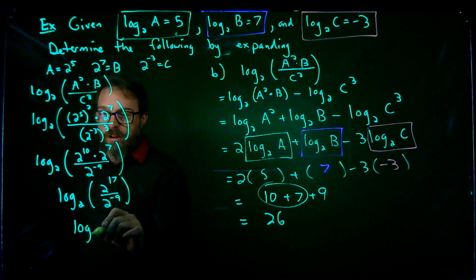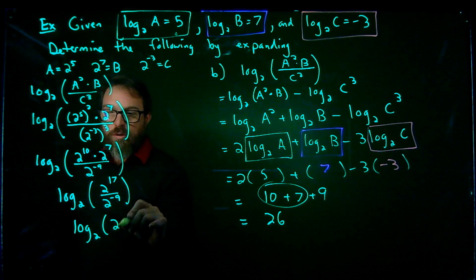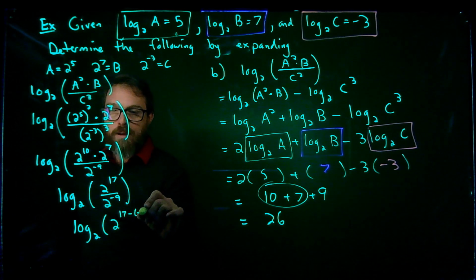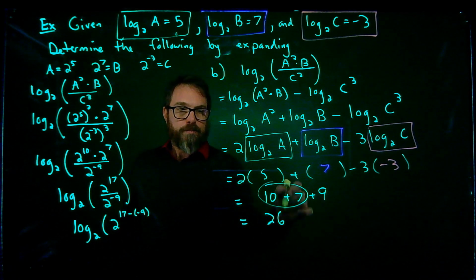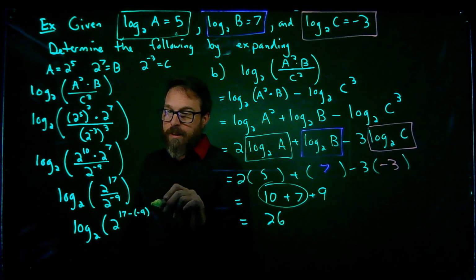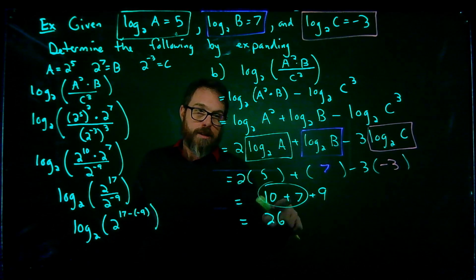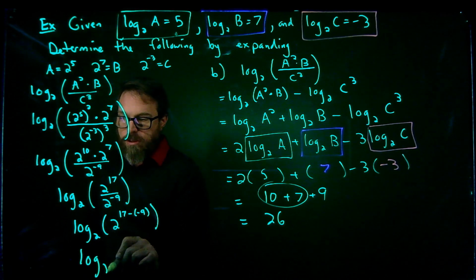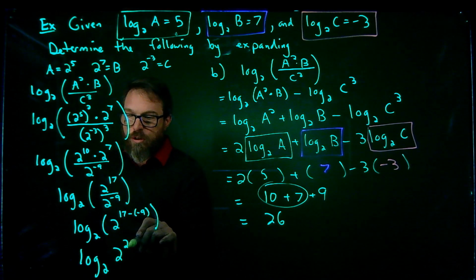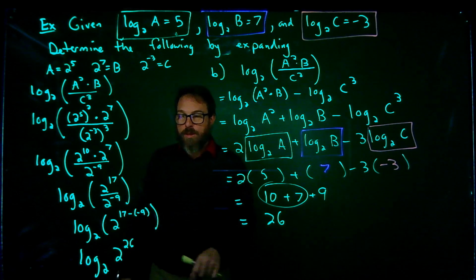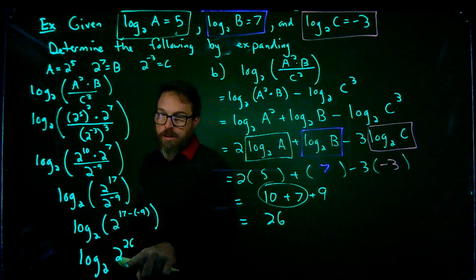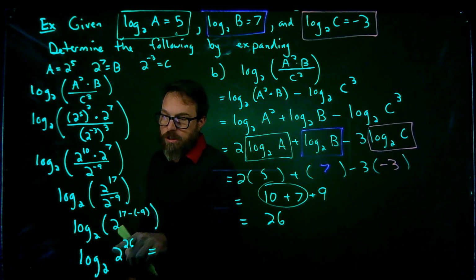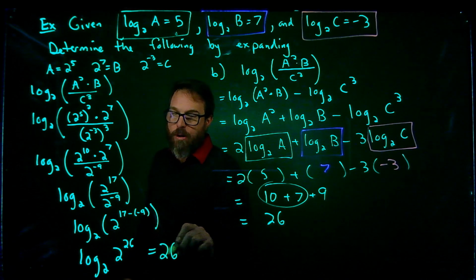So this is going to be log base 2 of 2 to the 17th minus a minus 9, which is the same thing as adding 9. And we know that 17 plus 9 is 26. So this is going to be equal to the log base 2 of 2 to the 26th. Now we know that log base 2 and exponential base 2 are inverses, so these will annihilate to give us just that power of 26.